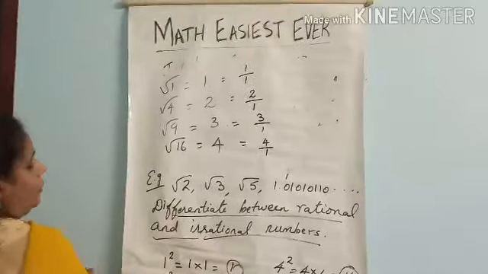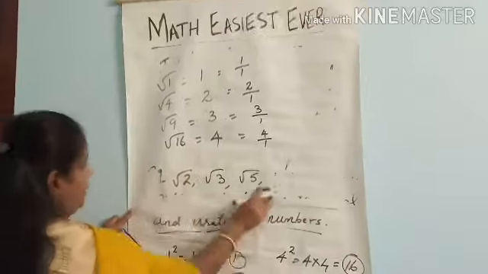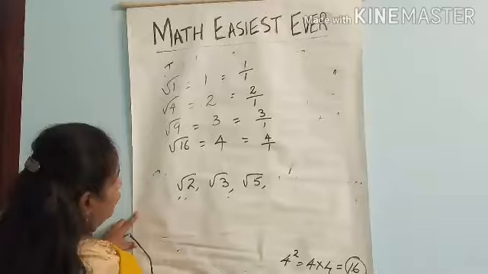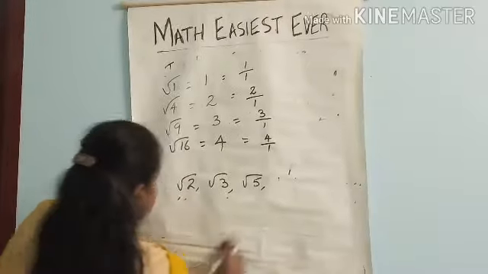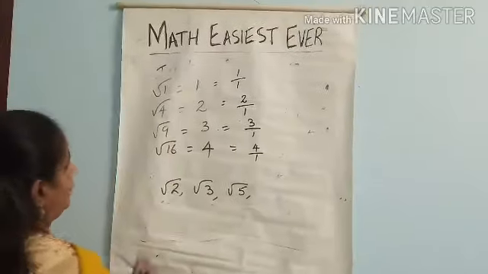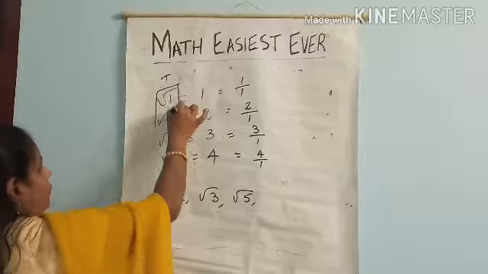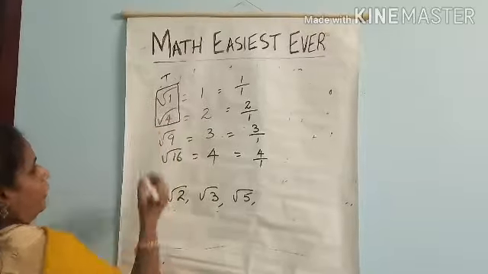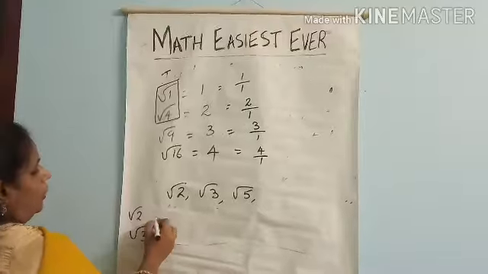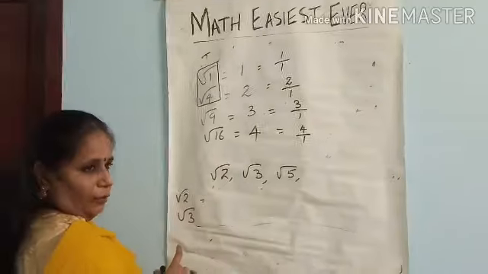But I told you the examples of irrational numbers are root 2, root 3, root 5, etc. Now let's come in between root 1 and root 4. In between root 1 and root 4 we have root 2 and root 3. Can we write them in the form of P by Q?